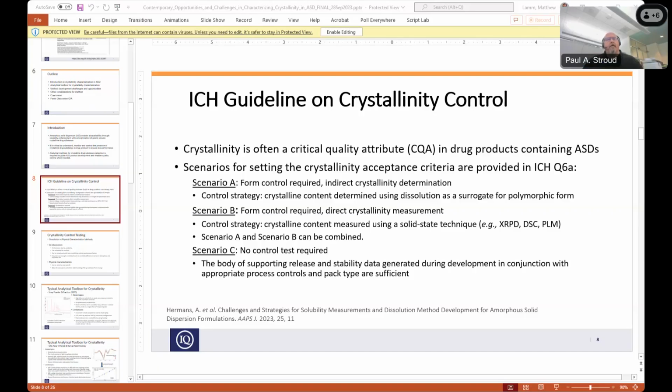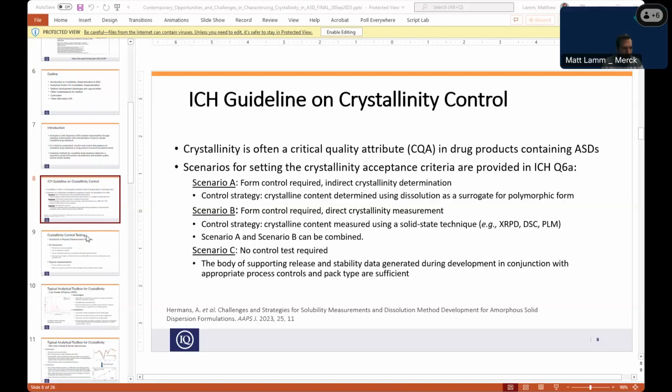You get outstanding specificity and very good sensitivity. But I think the backup after X-ray is going to be a lot of the spectroscopic techniques as well. Those are very common, and both are usually capable of being transferred to a QC environment. But obviously, the more sophisticated techniques would be used as an orthogonal method to support the more common techniques.